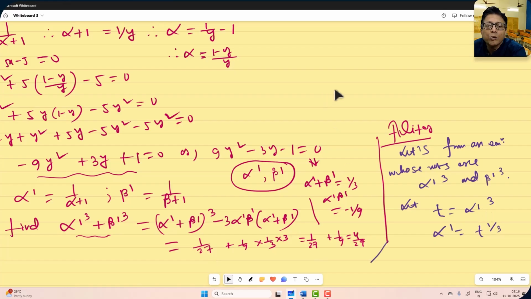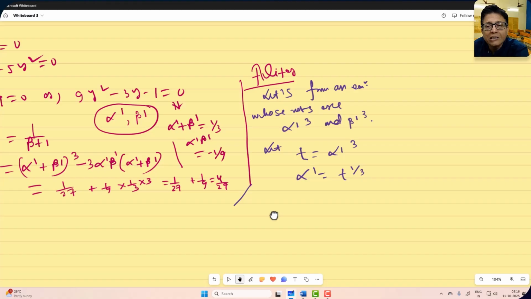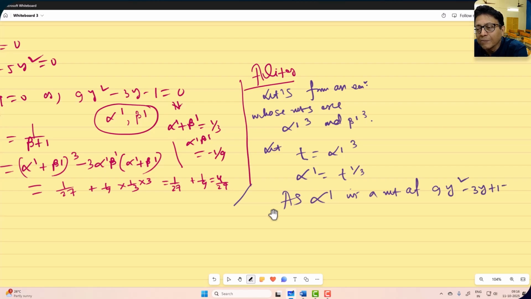Now what you have to do there? You have to put alpha dash over there. Why? Because alpha dash will satisfy, as alpha dash is a root of 9y square minus 3y plus 1 equal to 0.